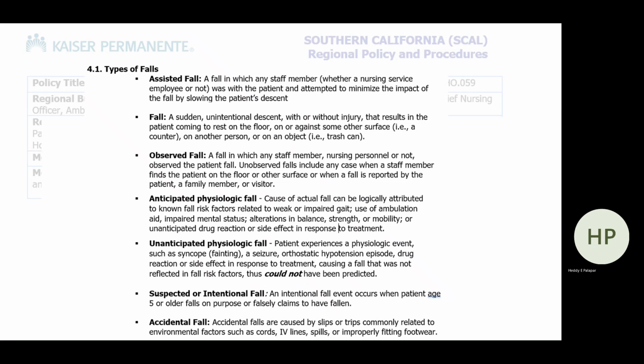In this section of our Southern California Regional Fall Prevention Policy that applies to our local medical center, I wanted to focus on the definition of anticipated physiological falls.